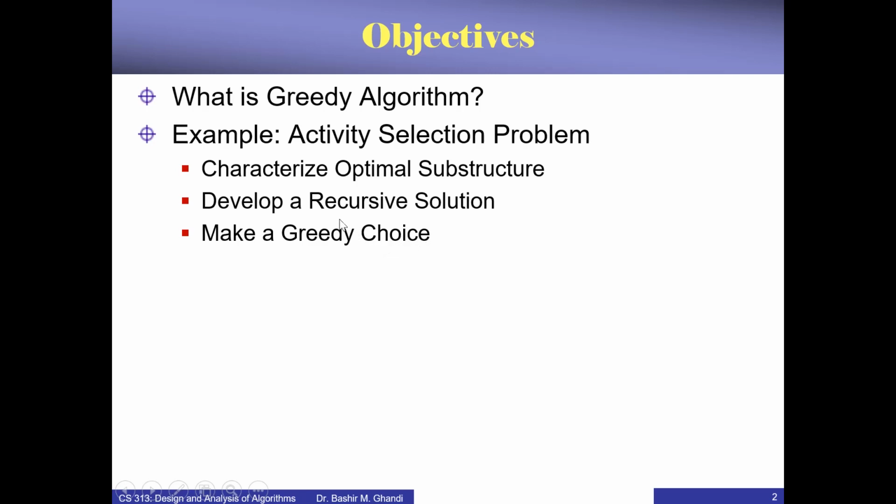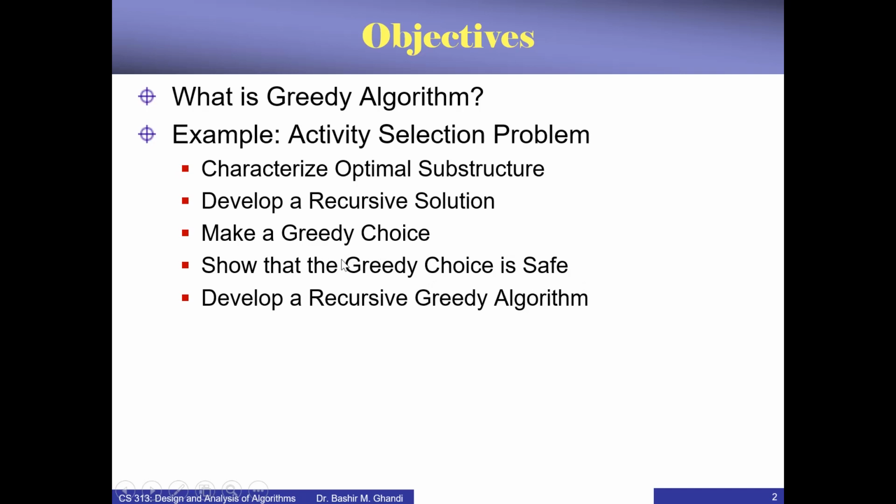Instead of trying to solve the sub-problems before we can decide which selection to choose, in greedy strategy, we just make what is called a greedy choice. However, we must show that the greedy choice that we have made is safe. What does that mean? It means that it will lead us really to an optimal solution. Okay, the greedy choice you normally make, you must show that it will lead to an optimal solution. So this is what is called showing that the greedy choice that you have made is safe.